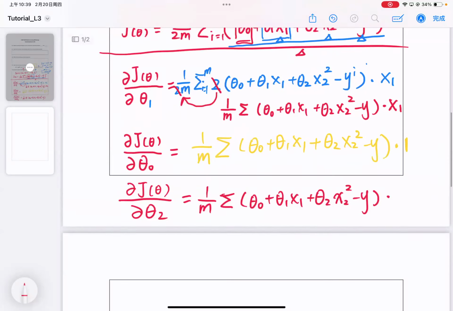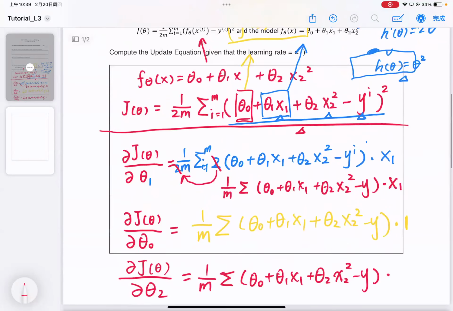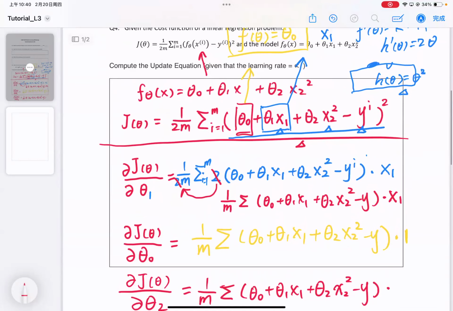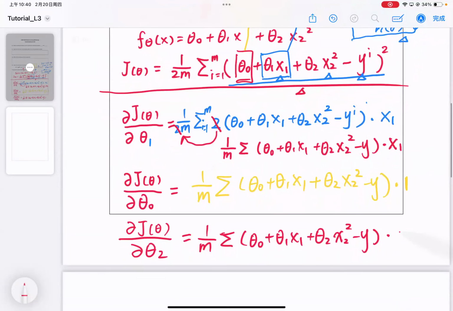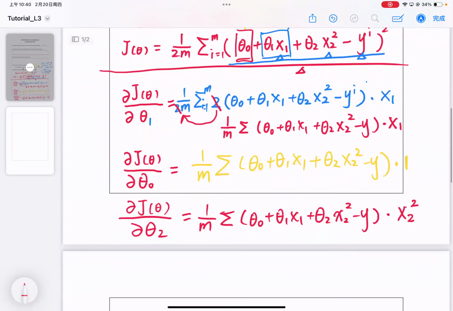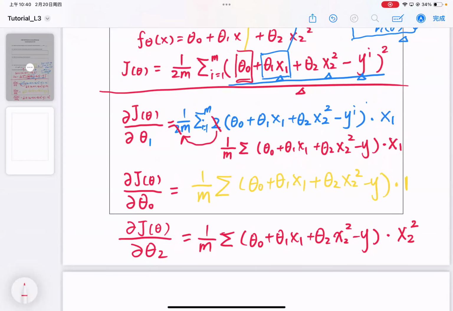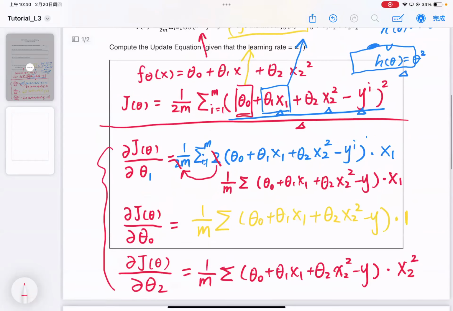We just need to change this to x2 here. Okay, just put this term here. So this is the gradient.